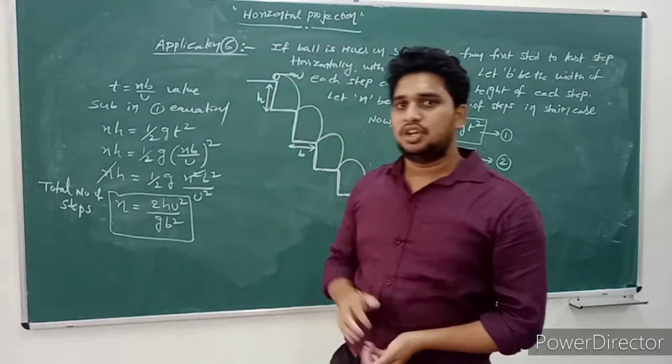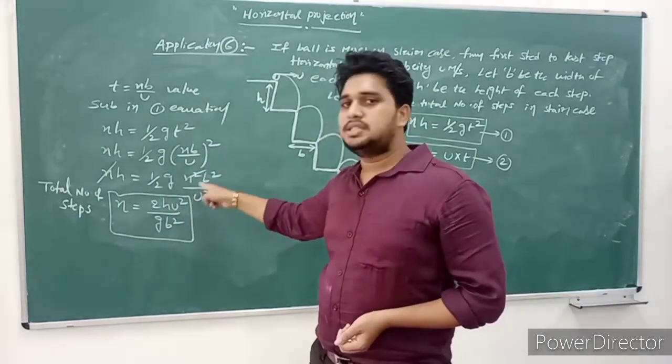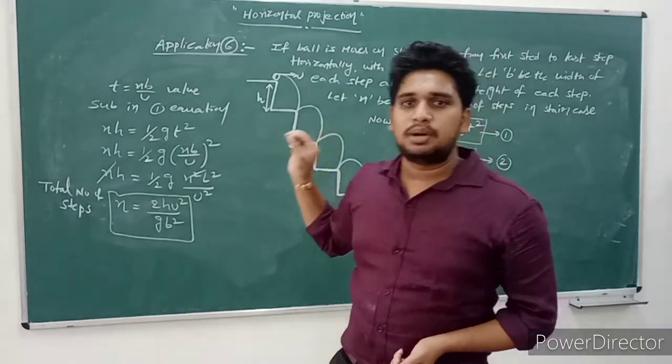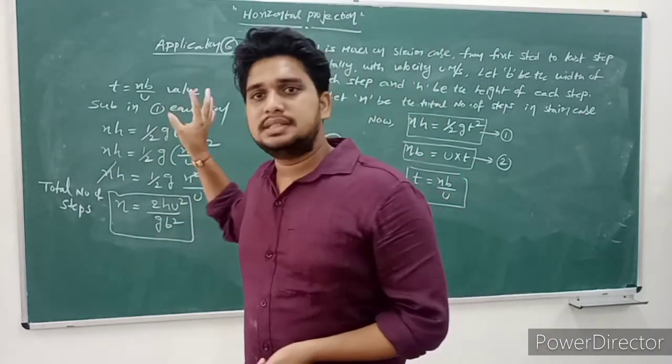At that time you can apply this formula, n is equal to 2 h u square by g b square. This is a very important formula whenever questions are asked based upon this concept.